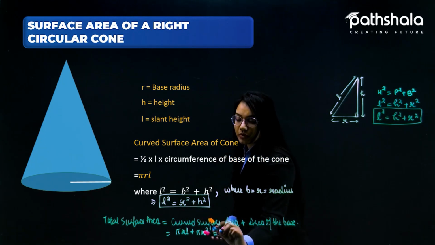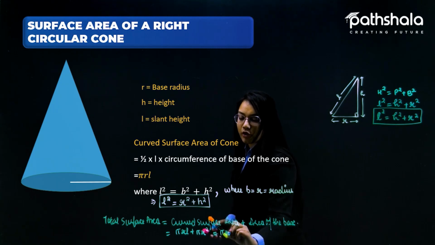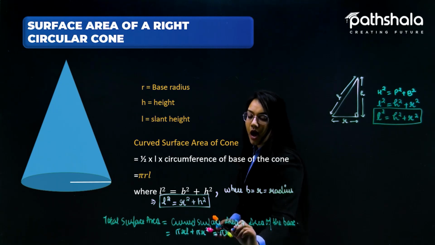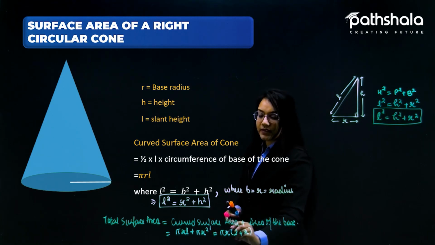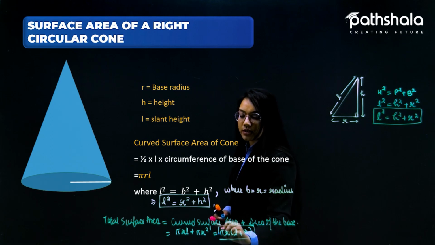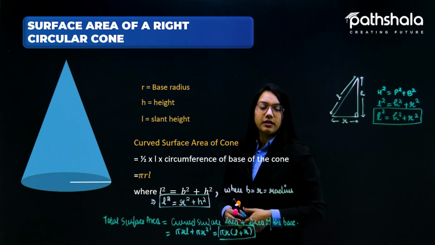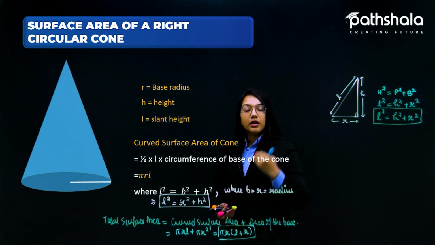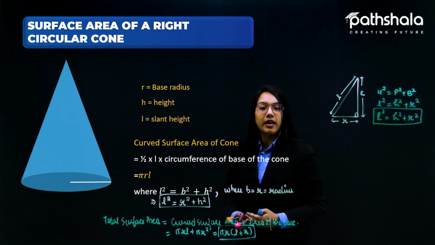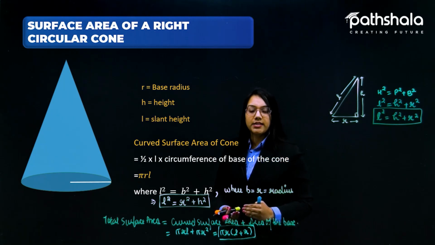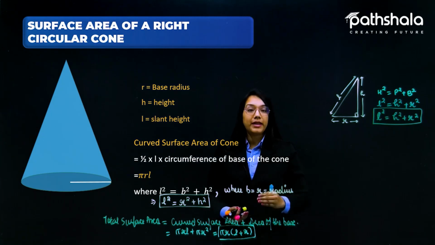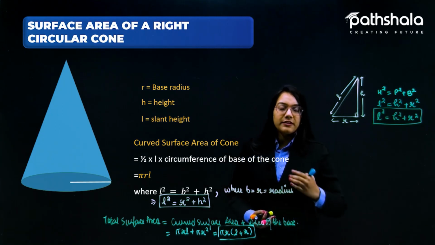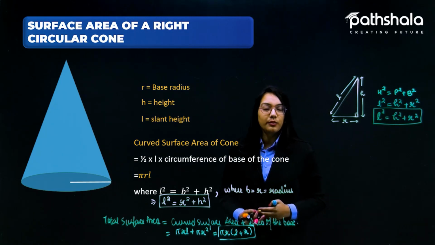If I take the common factor out, this would be pi R times L plus R. This is called the total surface area of the right circular cone. So always remember, the curved surface area of the cone is pi RL, the total surface area is pi R times L plus R, where L square is equal to R square plus H square. So this is all about the surface area of a right circular cone.